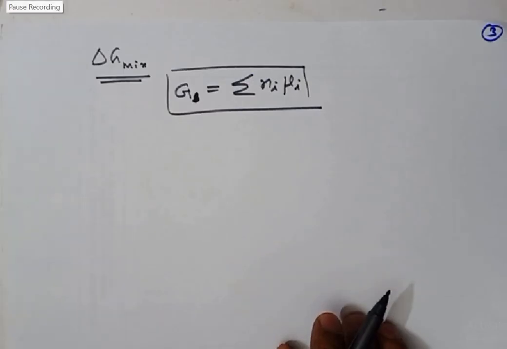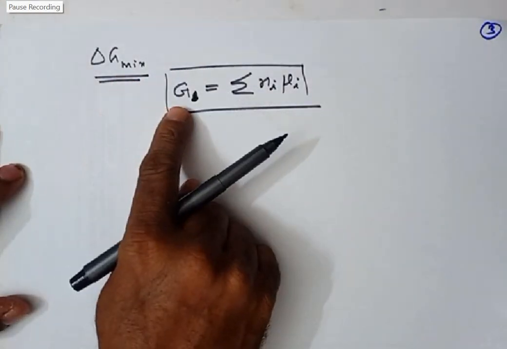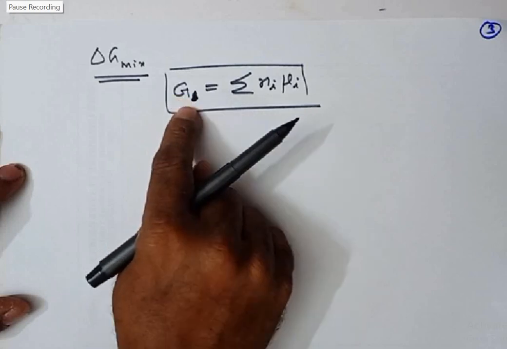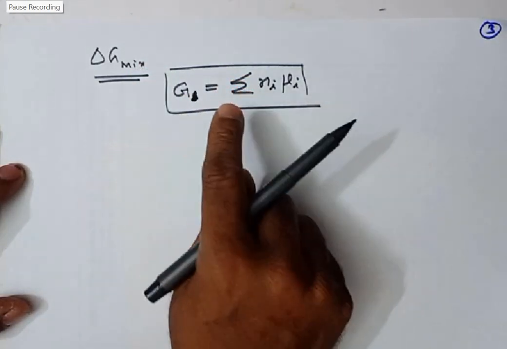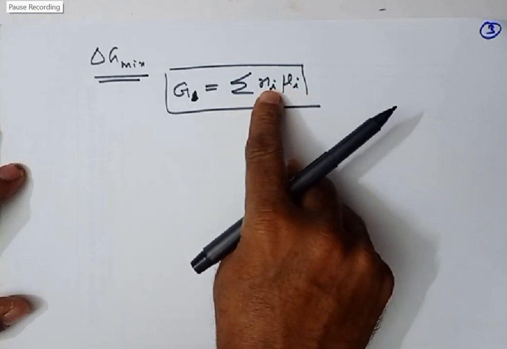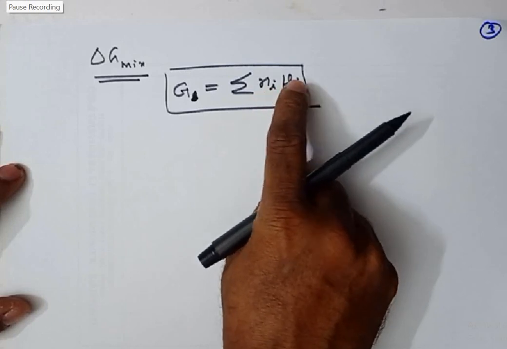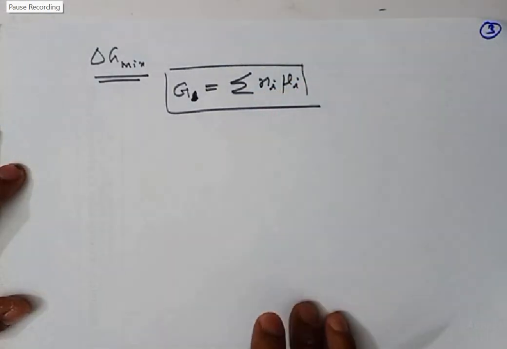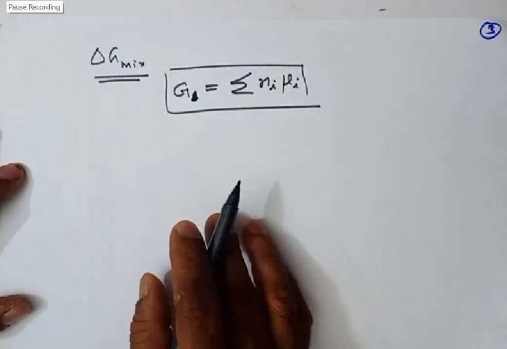Now we are going to find delta G mixing, and you know very well the Gibbs free energy of any substance or mixture is equal to summation Ni into mu i. Ni is the number of moles of the ith component. Mu i is the chemical potential of the ith component. Suppose I mix ideal gases.